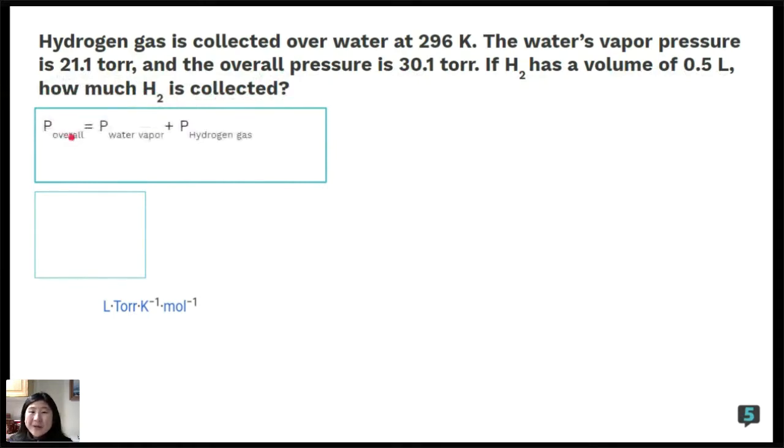So remember, this is our equation. The total pressure is equal to the partial pressure of the water vapor plus the partial pressure of the hydrogen gas.